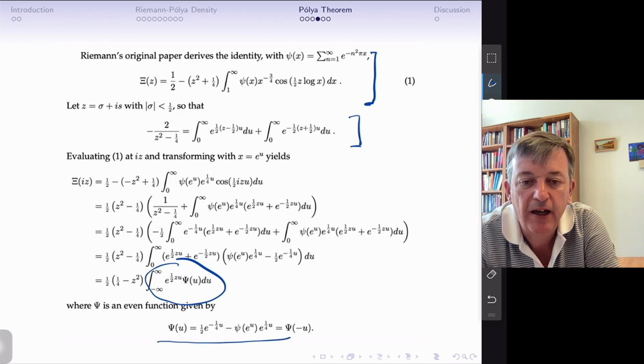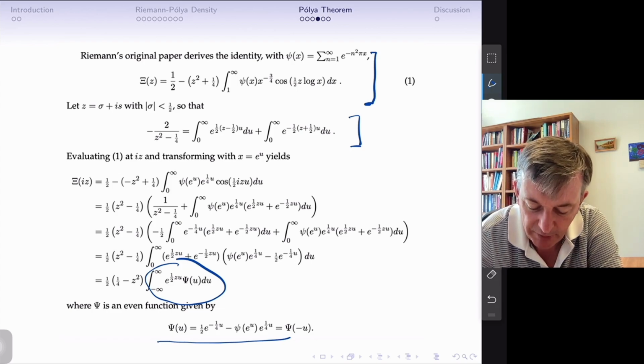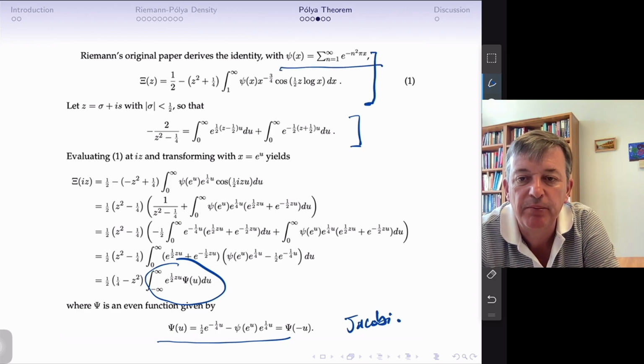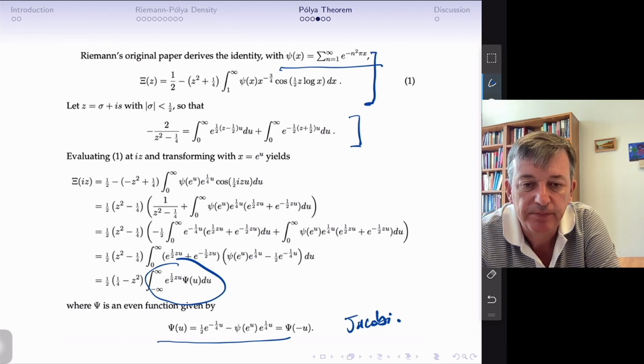And there's a cute little definition. If we knew properties of Jacobi functions, remember that psi of x at the top is essentially given by the Jacobi function, we'd be able to prove that it's symmetric.